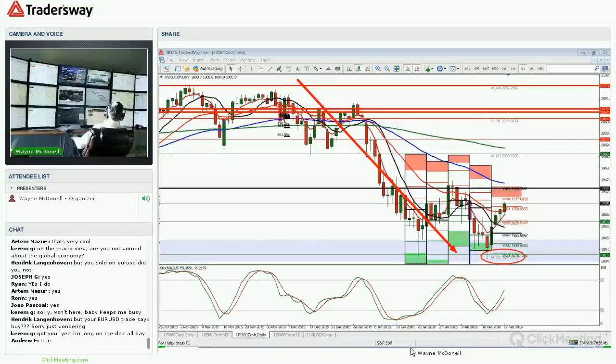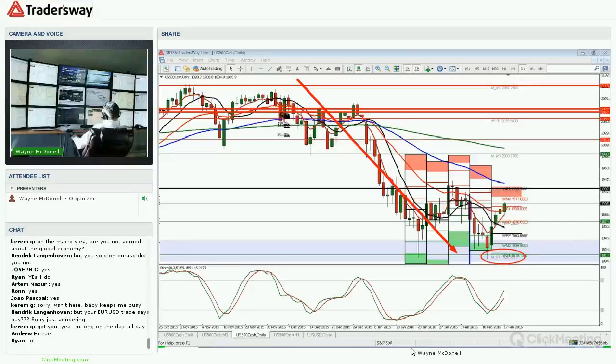Well, I shorted the euro at 111.42, so 50 pips would be 110. And you're doing stuff like that, and then you're placing that, and then, well, then my stop. You're right? It's true, isn't it?